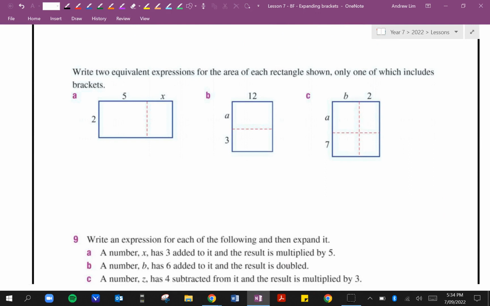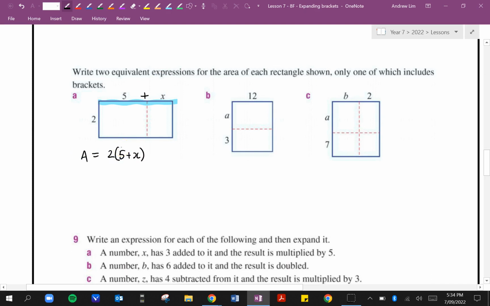Write 2 equivalent expressions for the area of each rectangle shown, only one of which includes the brackets. So we can see here that this length here is 5. This length here is x. Therefore, the whole thing has to be 5 plus x. So we want the area. The area of the rectangle is length times width.